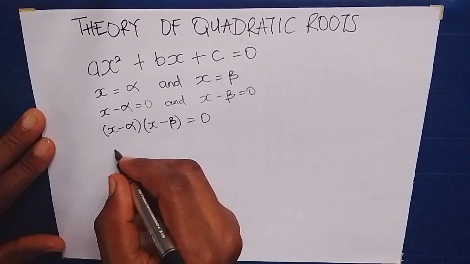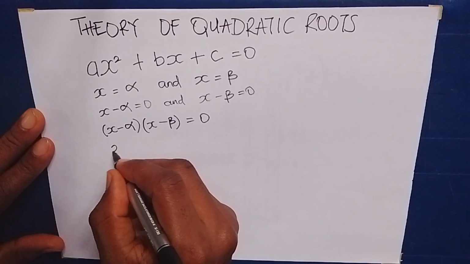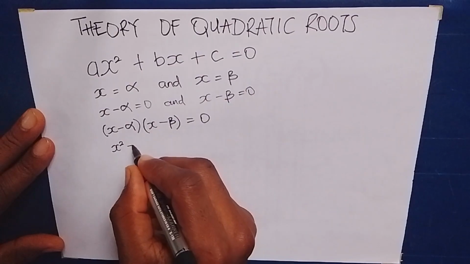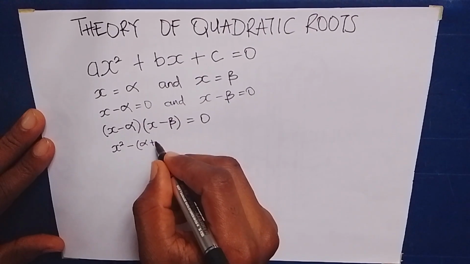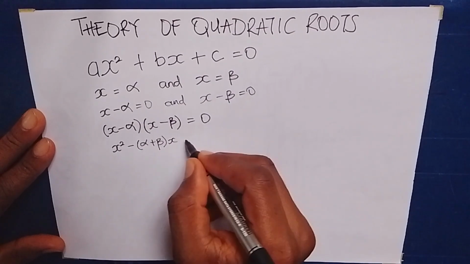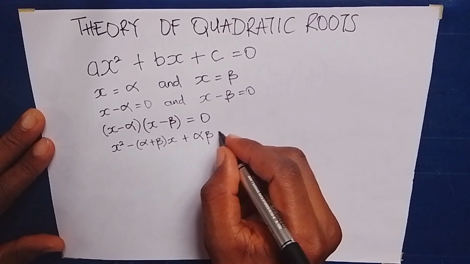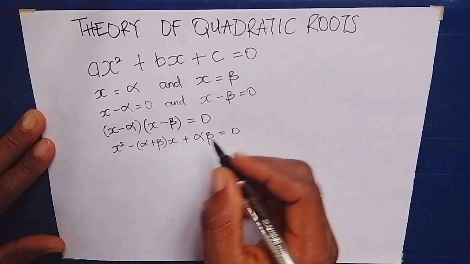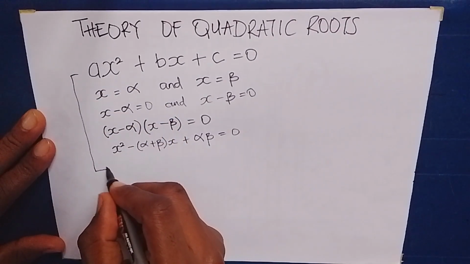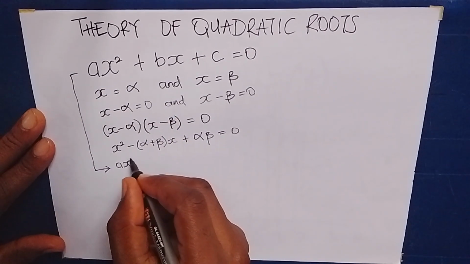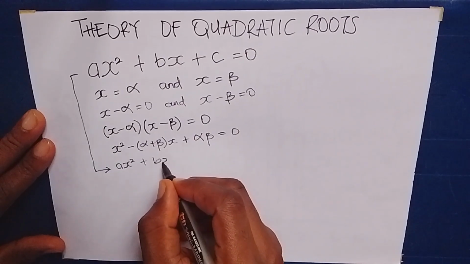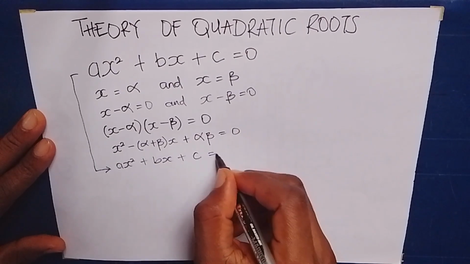Now, in expanding this, what we will have is x squared minus alpha plus beta x plus alpha beta equal to 0. Now, let's bring this back down here. We have ax squared plus bx plus c equal 0.